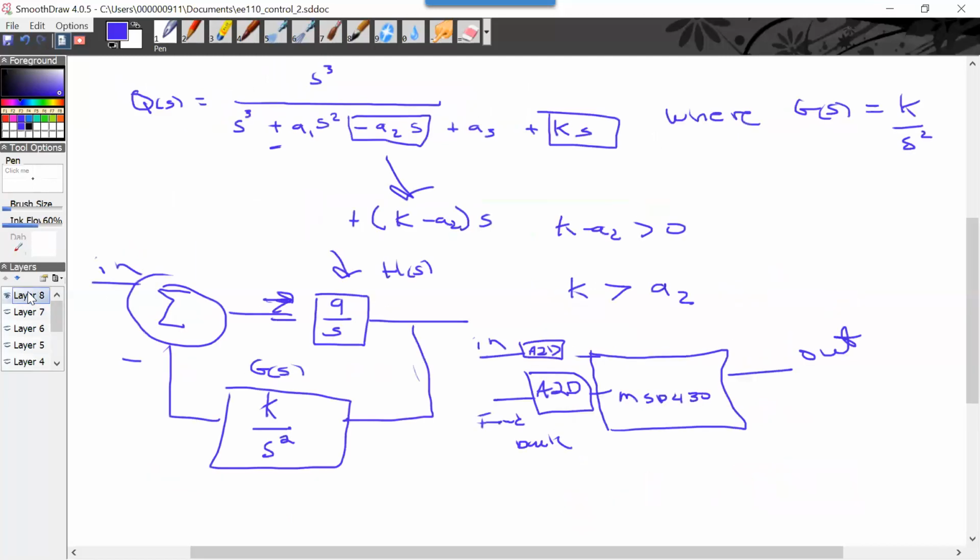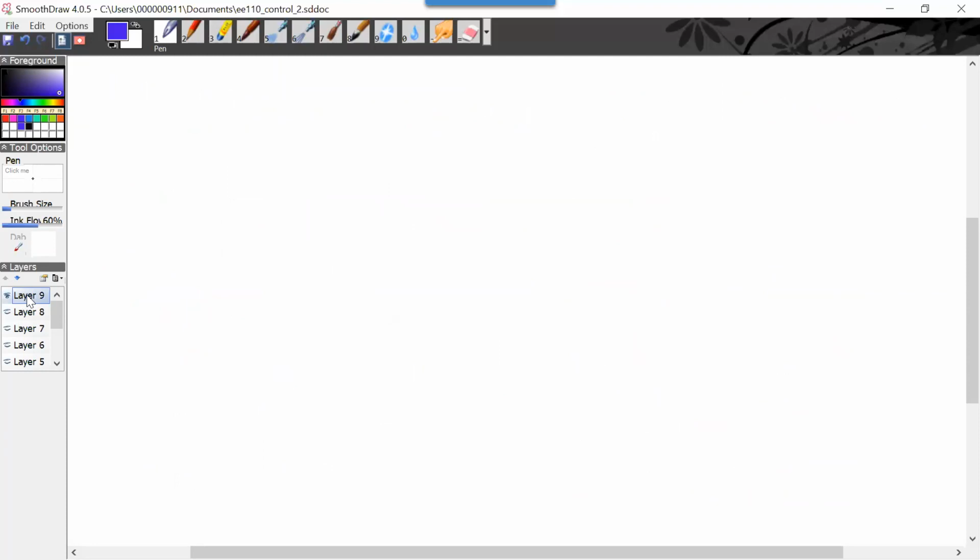All right, let me see what I can do here. So I have h of s equals s cubed, and I'm just writing it down here. All right.